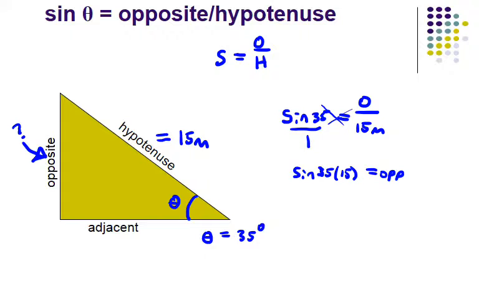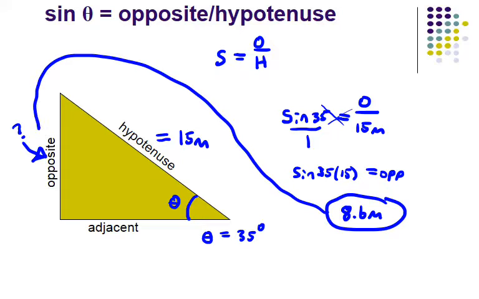You put sine of 35, make sure you close the parentheses, and then multiply that by 15, and the length comes out to be 8.6, which should make sense because this length here should be less than the hypotenuse, and if this was actually 35 degrees, being about 8.6 would make sense.